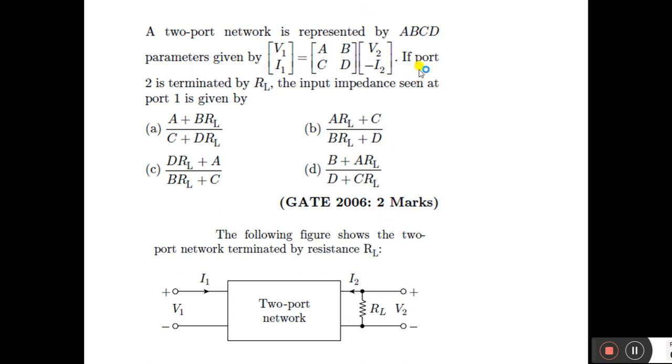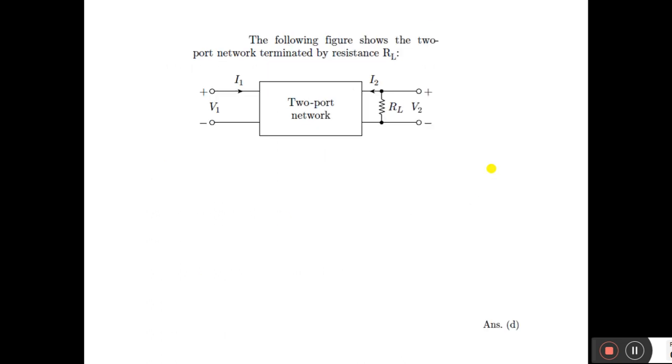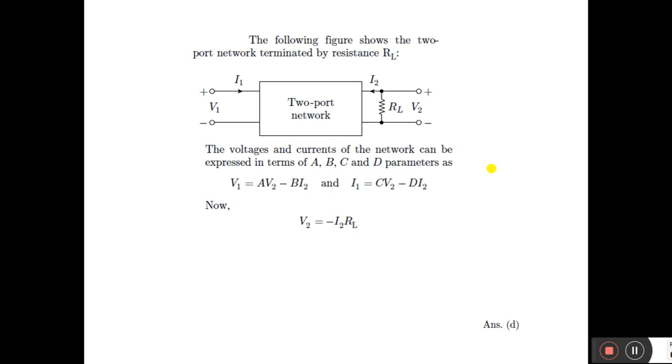As per this condition, if port 2 is terminated by RL, I am taking this 2-port network and terminating the second port by RL. Now, the question is the input impedance seen at port 1. In general, the ABCD parameter equations are V1 equal to A V2 minus B I2 and I1 equal to C V2 minus D I2.